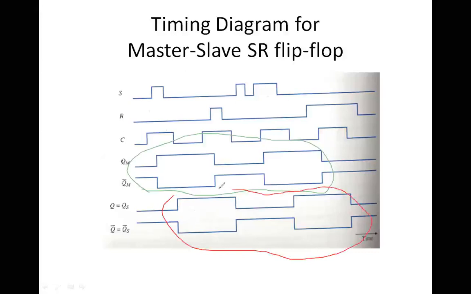Just that this appears first and then this appears next. So the values are just passed from the master to the slave. That's the answer for the question.